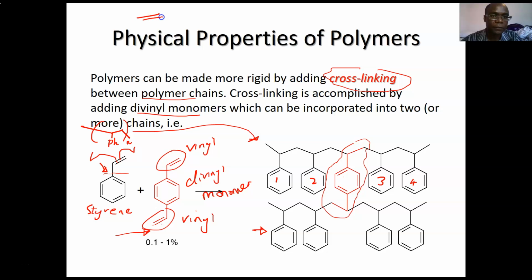Now, what if you were to use glue? You are to use vinyl alcohol, which is not possible. You learn that in the lab. Assuming this is what would have been the monomer, one would have made this alcohol. Like I said, the vinyl alcohol usually does not exist. The reason being, it stays in the aldehyde tautomer form.